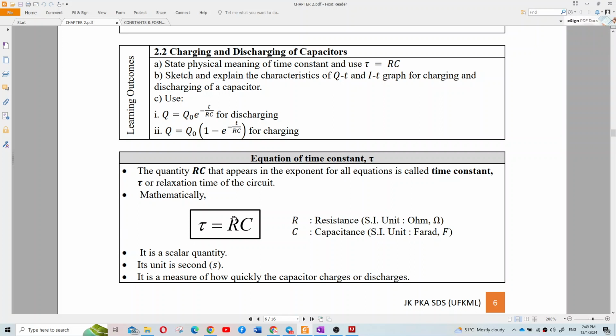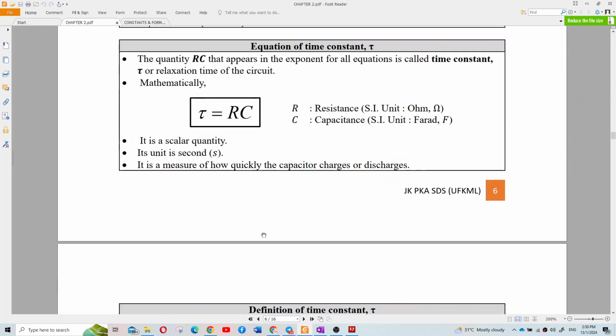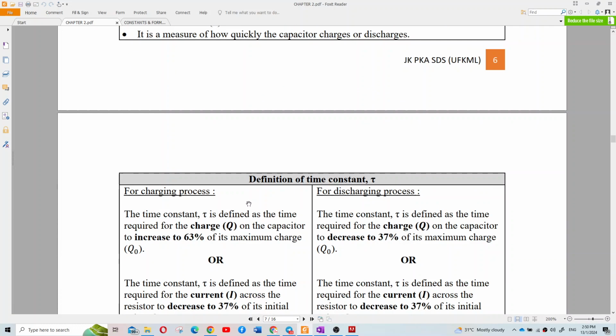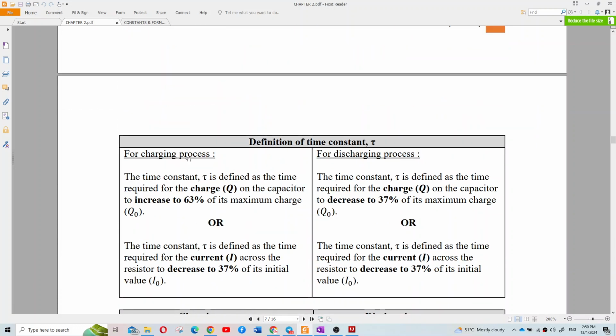So time constant is affected by two factors: resistance and capacitance. Resistance unit is ohm, capacitance is farad. Why is the time constant affected by resistance and capacitance? I will explain this later on. There are several ways to define time constant, and it is different for the charging process and the discharging process.